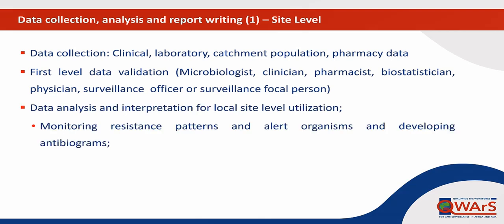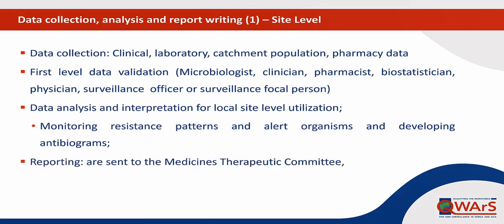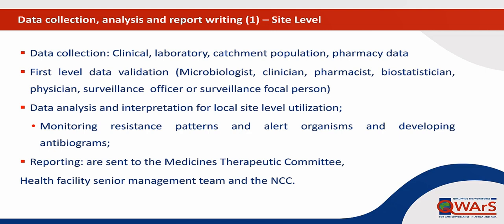Data analysis is for local level utilization of monitoring and alerting. The team may get technical support from national level. At surveillance site level, reports are sent to the Medicines Therapeutic Committee, Health Facility Senior Management Team, and the NCC.